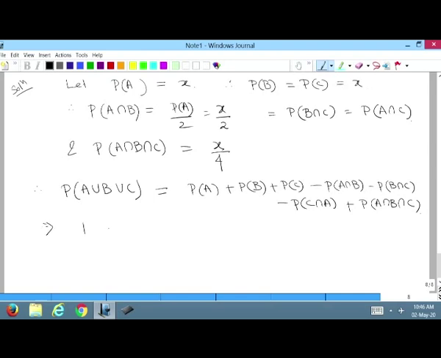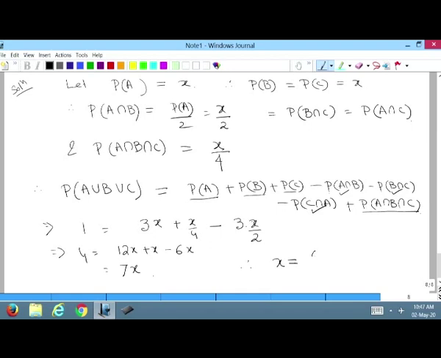This implies that 1 is equal to 3 times x, these are all x, plus this is x by 4 minus 3 times this and this, these are all x by 2, which implies 4 is equal to 12x plus x minus 6x, which is equal to 7x. Therefore, x is equal to 4 by 7.